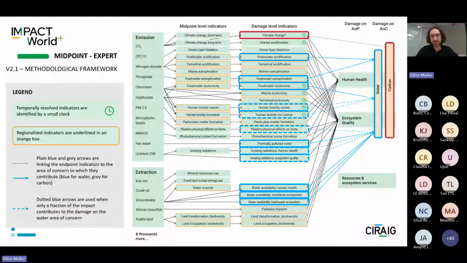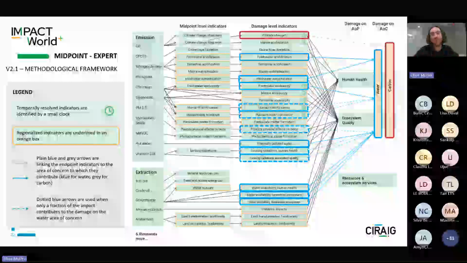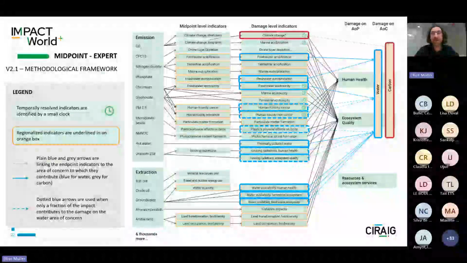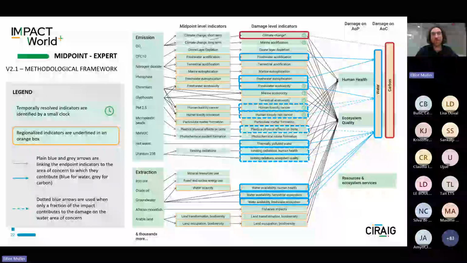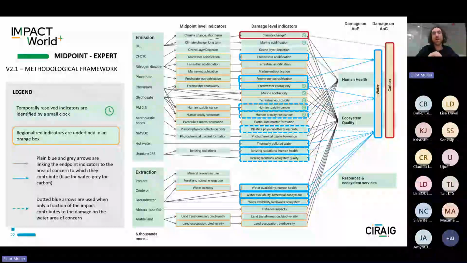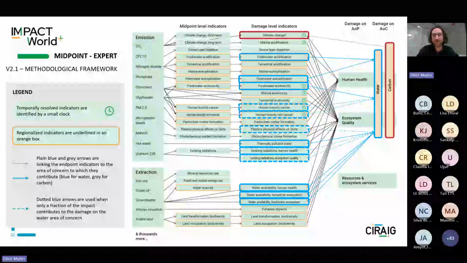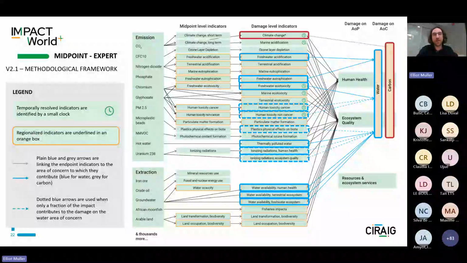So for this use, we use the definition of the water footprint that is including all the indicators that impact the water compartment or that impact, for example, human health through the water compartment. So that's why it's quite a lot of damage level indicators. So that was the theoretical framework and the way it was developed.